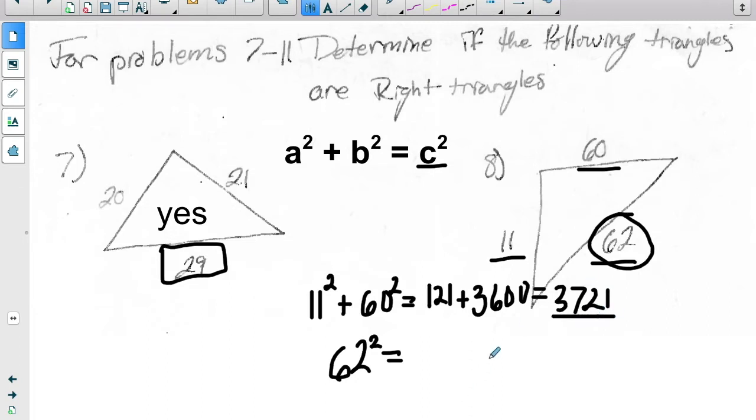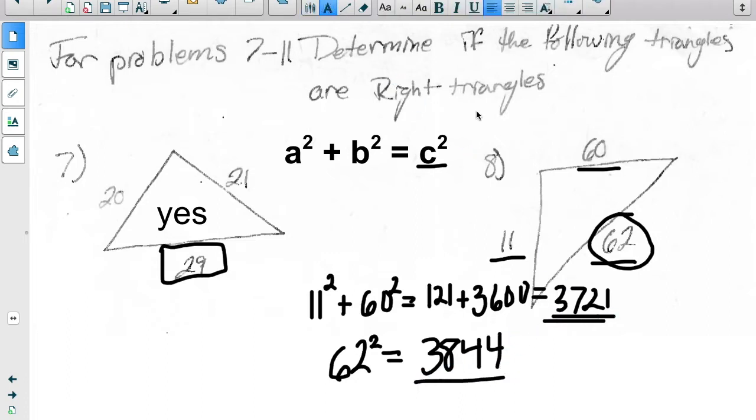So if 62 squared is 3721, then it is a right triangle. Well, 62 squared is 3844. So these two values here are not equal.